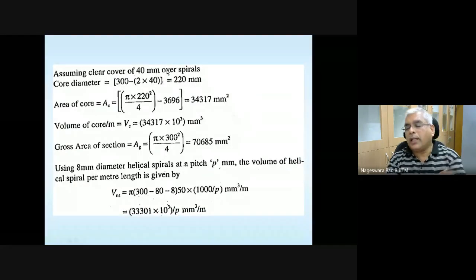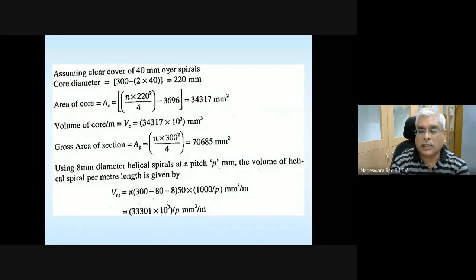Assuming a cover of 40 mm, the first thing is the core diameter. 300 is the diameter of the cross section of the circular column, minus 40 mm on either side.